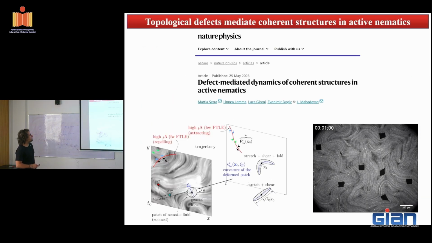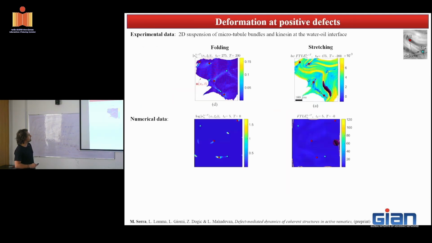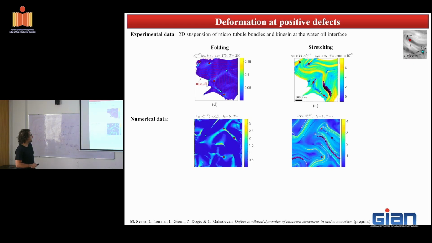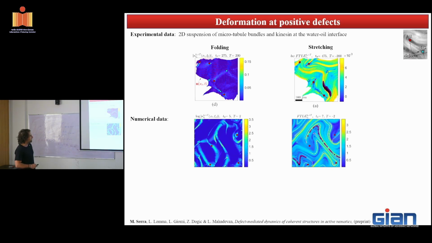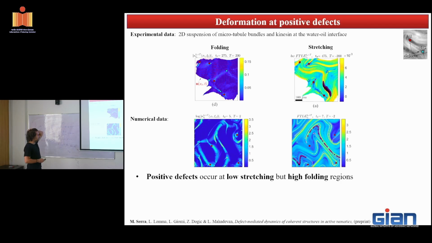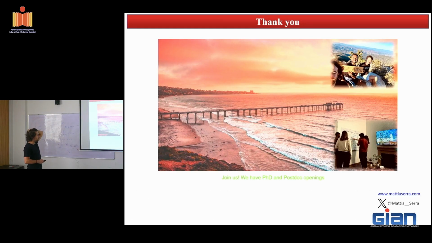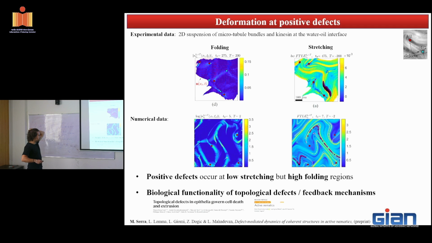And what we observed, something interesting, at least we didn't know, is that the defects are in regions of very high folding, but low Lagrangian stretching. This could have implications on where cells die, where they undergo apoptosis, because there could be a lot of mechanosensitivity there.